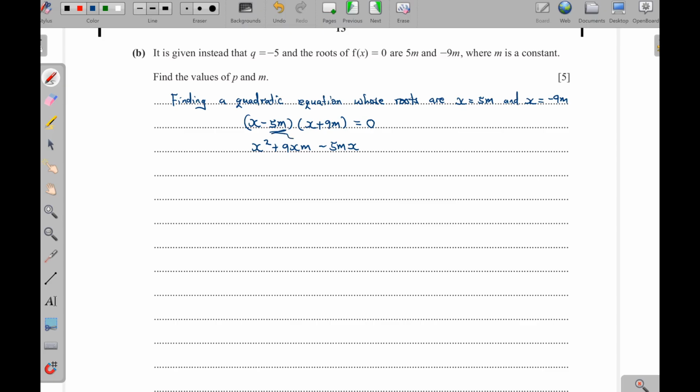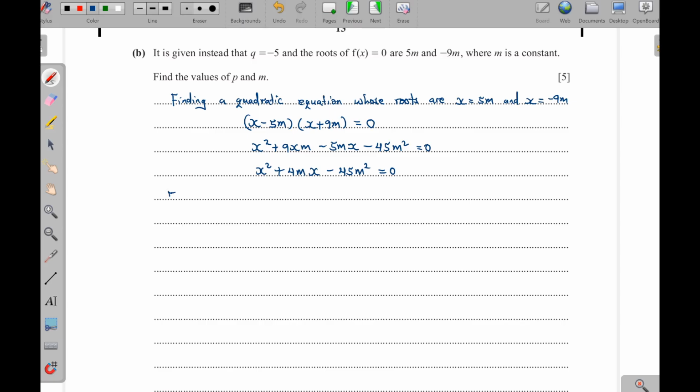Then again, this times that will be minus 45m squared, which is equal to 0. So you have x squared, then this is 9m minus 5m, which gives a positive 4m of x, then minus 45m squared, which is equal to 0.